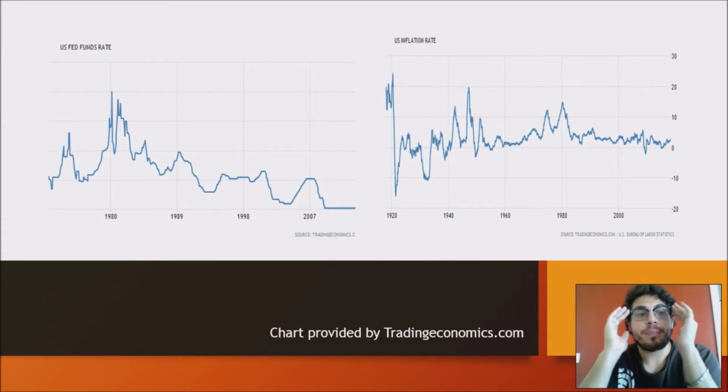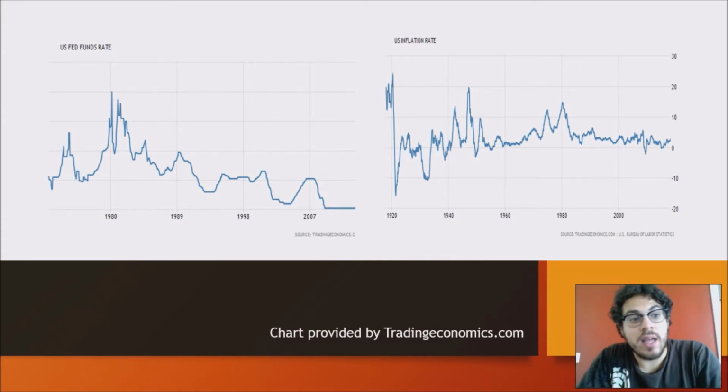So on the left I have the US Fed funds rate, and on the right I have the inflation rate. As you can see from the chart, interest rates and inflation rate kind of go along with each other, because in order to lower the inflation rate, the Federal Reserve wants to increase the interest rate.